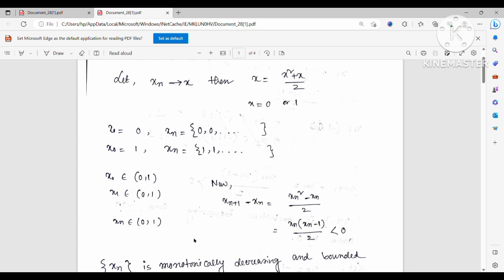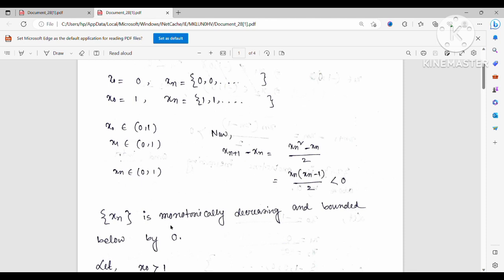So we know that every monotone decreasing sequence which is bounded below is convergent. So definitely for the initial choice of x0 belonging to the open interval 0, 1, xn is convergent.